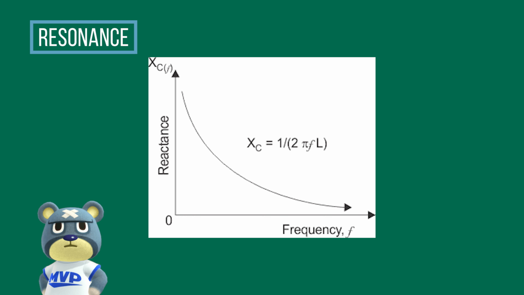When frequency increases and becomes infinity, capacitive reactance decreases and becomes zero. At that point, the circuit acts as a short circuit, so the capacitive reactance increases when frequency decreases. If we plot a graph between capacitive reactance and frequency, it is a hyperbolic curve as shown in the figure.